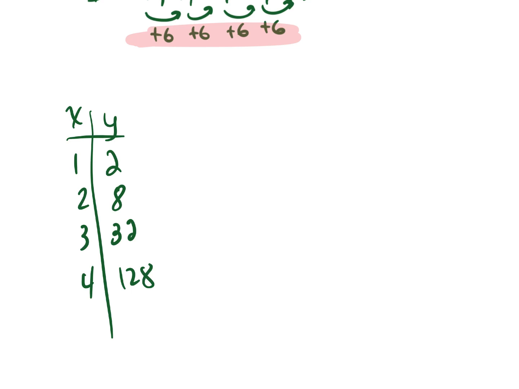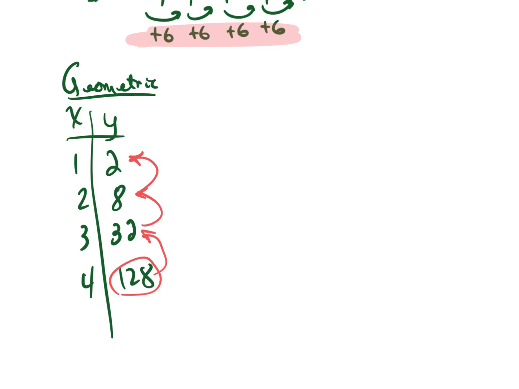Okay? So this is just an example of a table for a geometric sequence. If you take any one of these terms and divide by the one that comes before it, you always get the same value. You get 4.